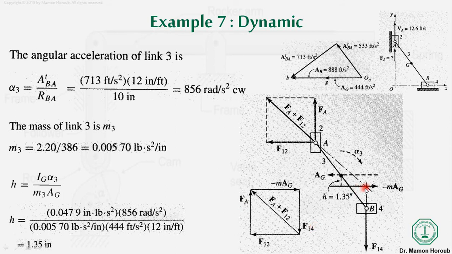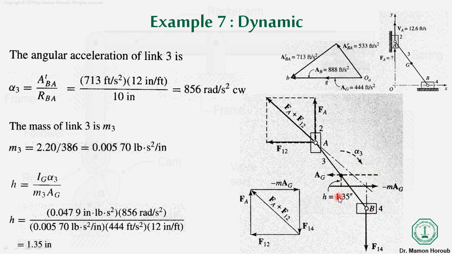Okay, and over here we know the line of action and the magnitude of MAG. So if you draw MAG starting from the concurrency point, then you know the line of action for the force acting from link 2 to link 3, and you also know that F14 has the vertical direction.